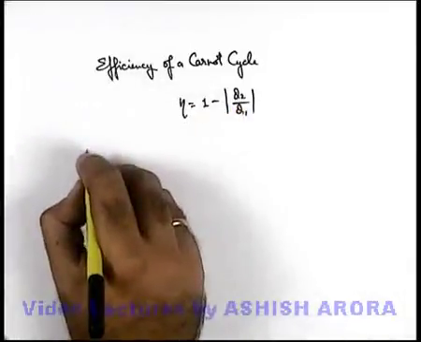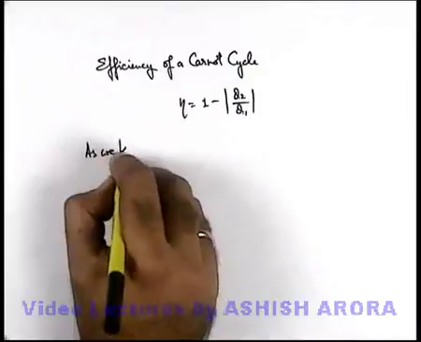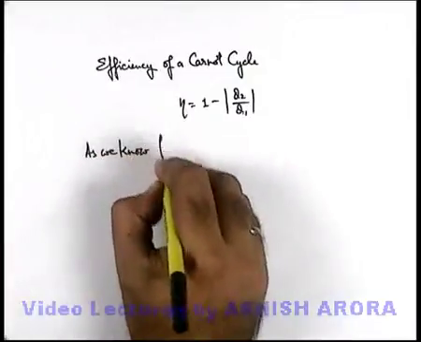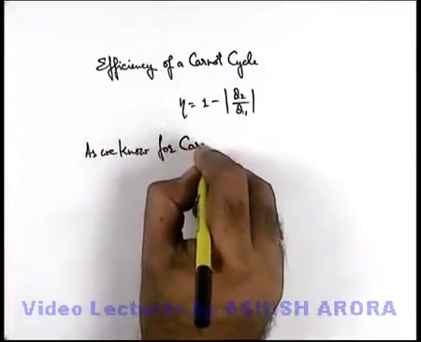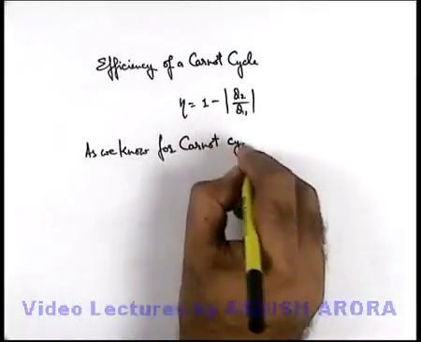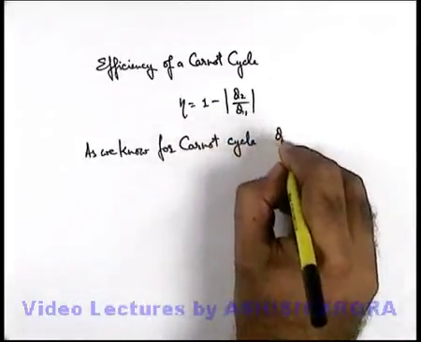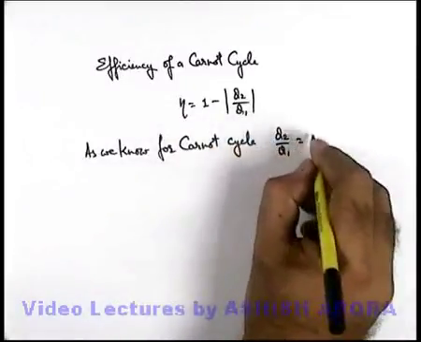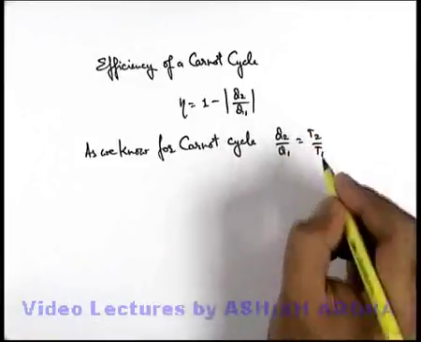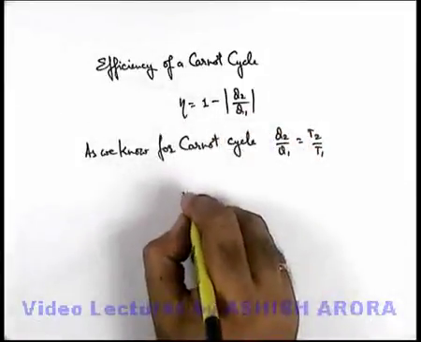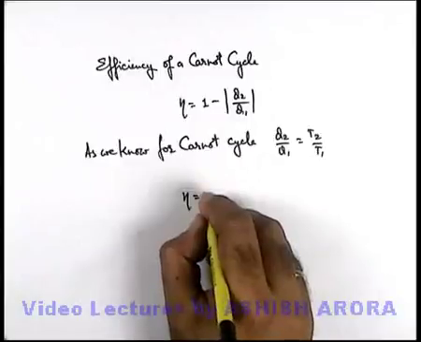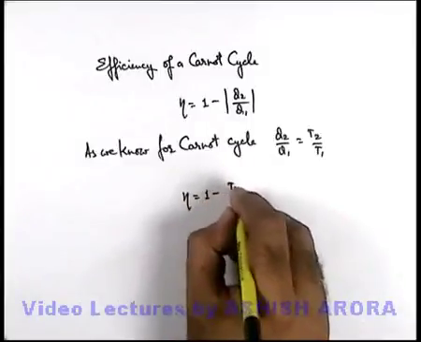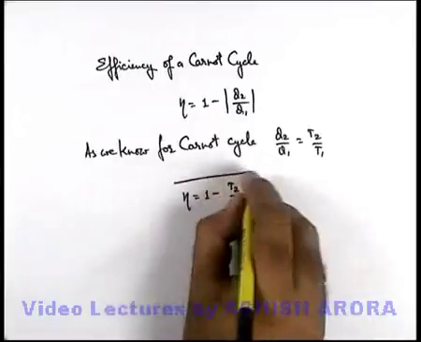As we just studied, for Carnot cycle Q2 by Q1 is equal to T2 by T1 in magnitude. So we can simply write the efficiency of Carnot cycle as 1 minus T2 by T1.